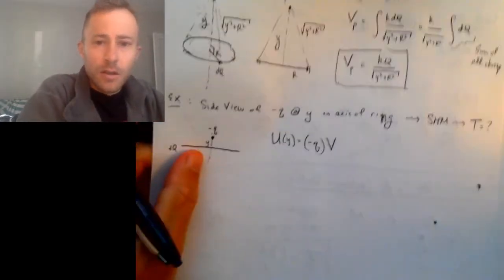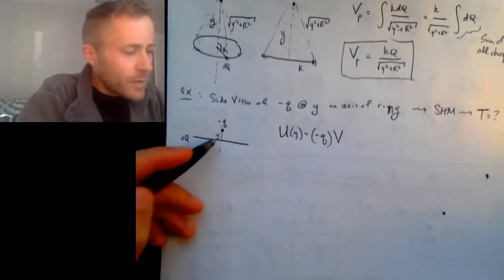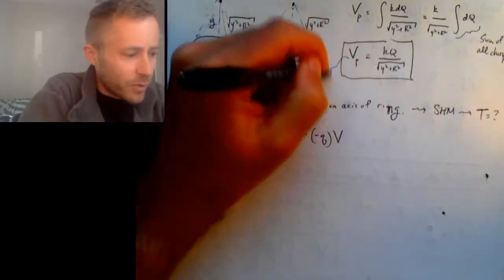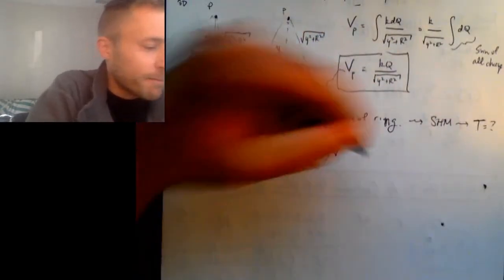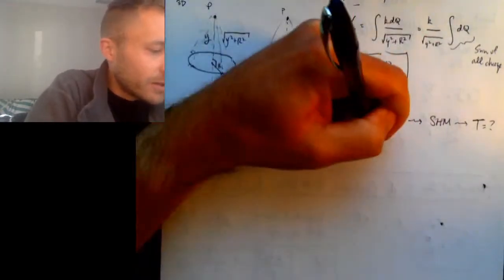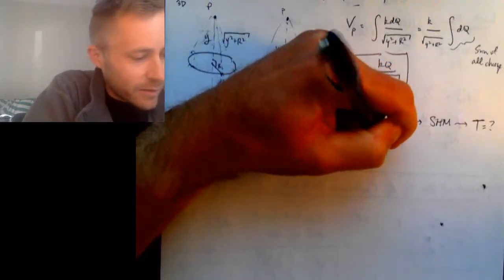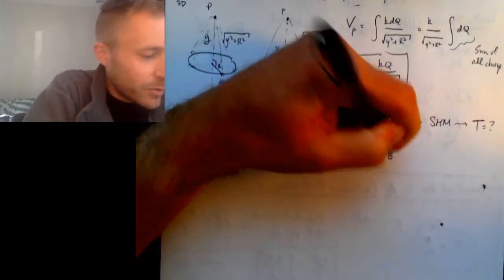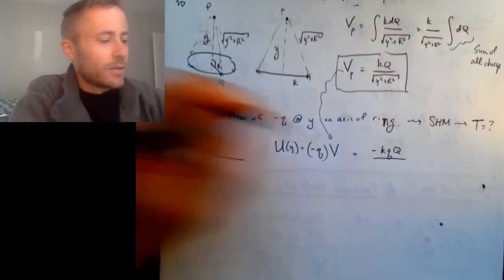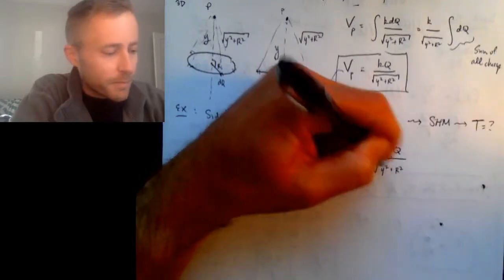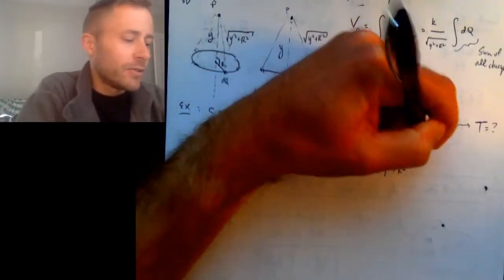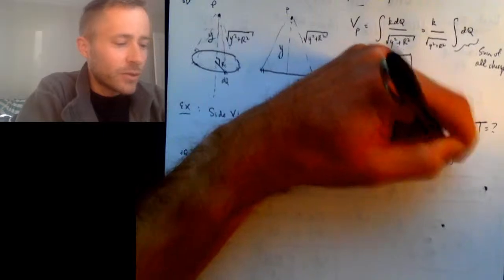So I'm going to use this formula right here to get its potential as a function of y. And so I get negative k little q big Q over the square root of y squared plus r squared. That is the potential energy as a function of y.